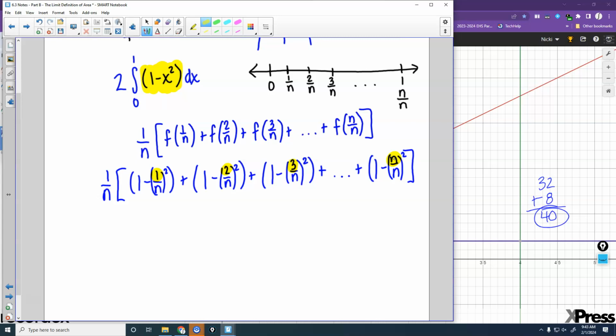We can just put i for that value. So if we're doing our summation here, we are going to have 1 over n times the summation from 1 to n of 1 minus i over n squared.